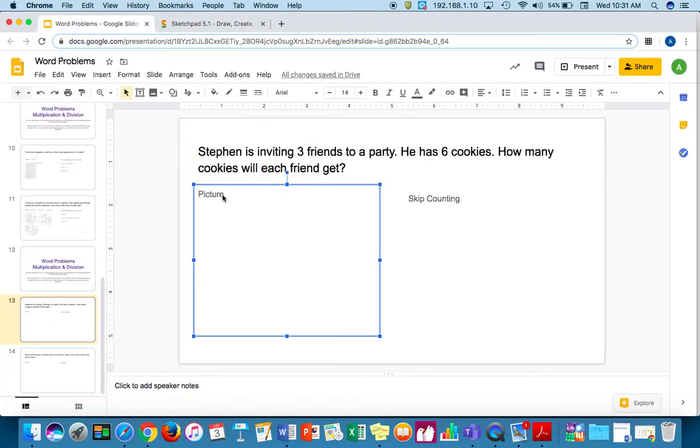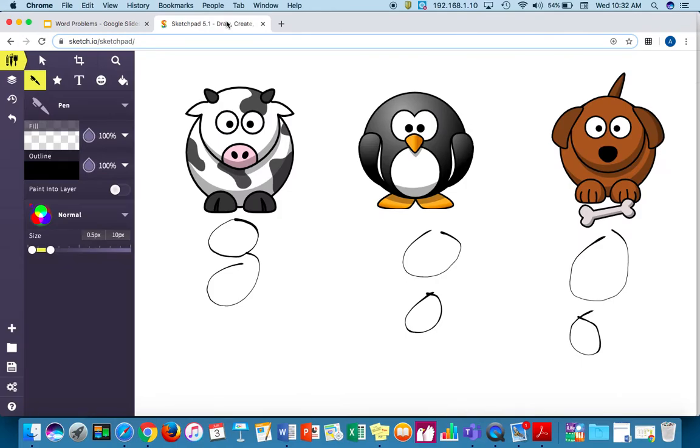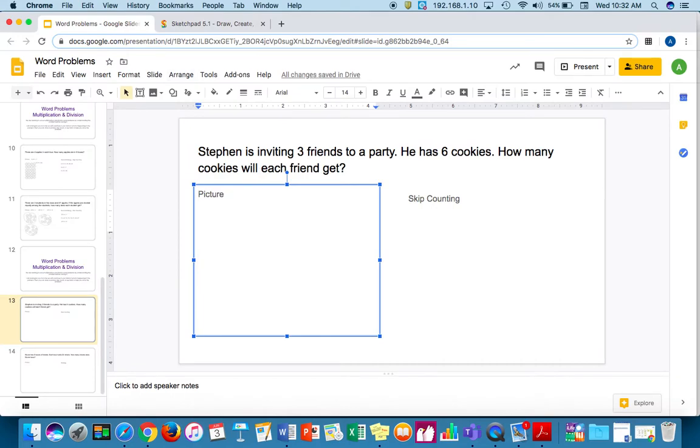The equation that we can use to represent the work that we just did was: we had 3 friends, but we had 6 cookies. We took those 6 cookies and gave them out to those 3 friends. So what we actually did was 6 divided by 3 equals question mark because we're not sure. Remember, you can use this slash to represent division.